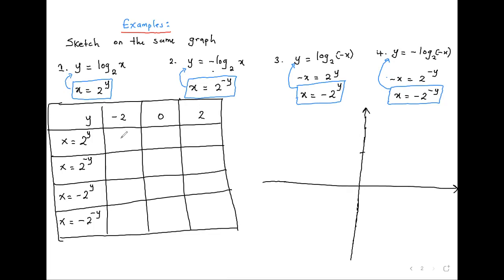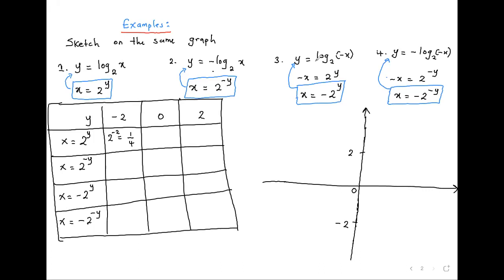So we have 2, 0, and -2. These are the y values. We want to look for the x values. When y is -2, this guy is going to be 2 to the power -2, which is 1/4. Yes, we just pick the y values randomly.